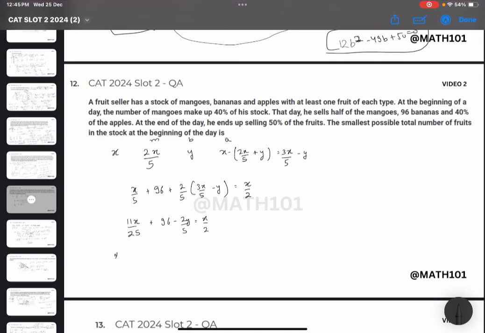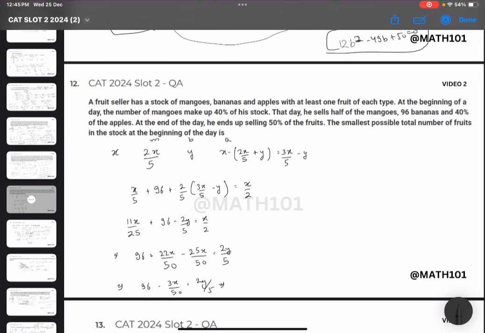Which means 96 plus 11x by 25 minus x by 2. So 11x by 25 is 22x by 50 minus x by 2 is 25x by 50, equals 2y by 5. It implies 96 minus 3x by 50 equals 2y by 5.